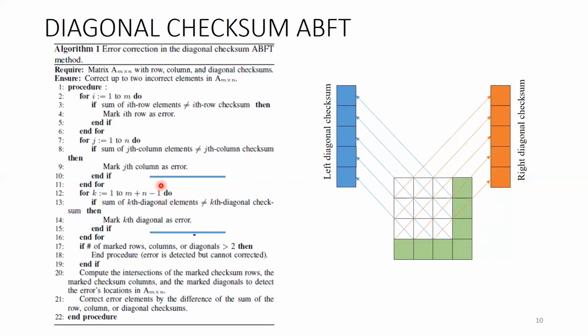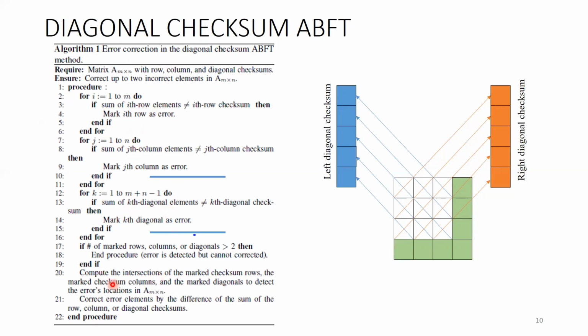First, we check the sum of elements in each row and each column against the corresponding checksum. Then we mark inconsistent rows and inconsistent columns. Second, we check the sum of elements along the diagonal according to the corresponding diagonal checksum. Then we mark the inconsistent diagonal lines.